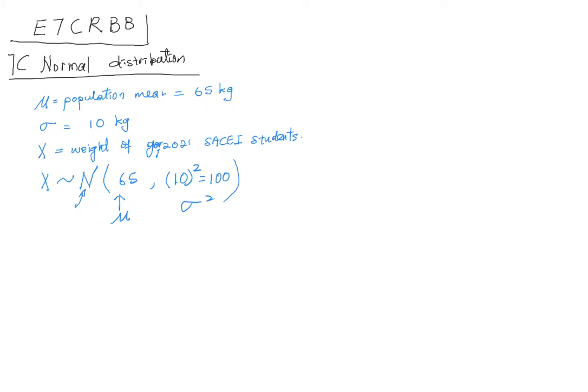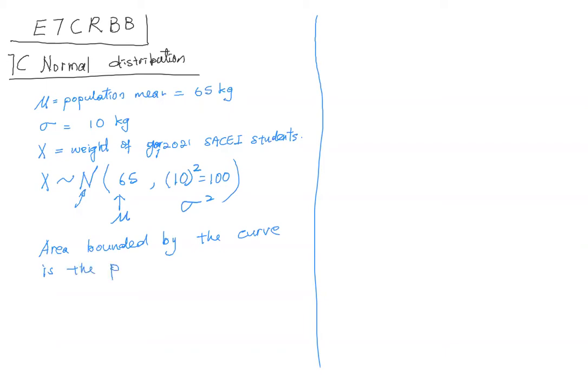A normal distribution has this characteristic. For any distribution, we know that the area bounded by the curve is the probability, correct?